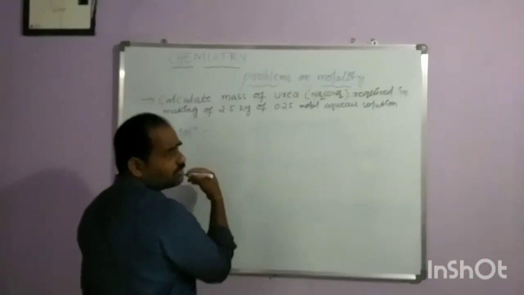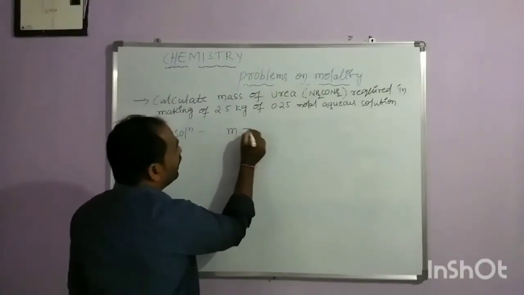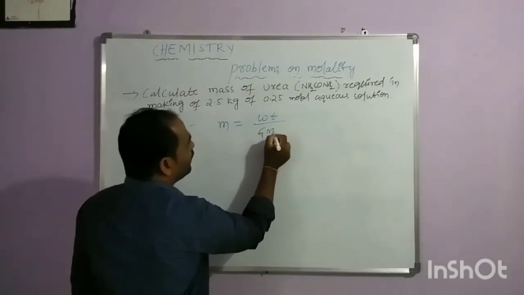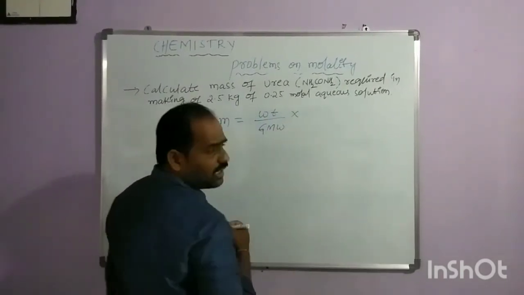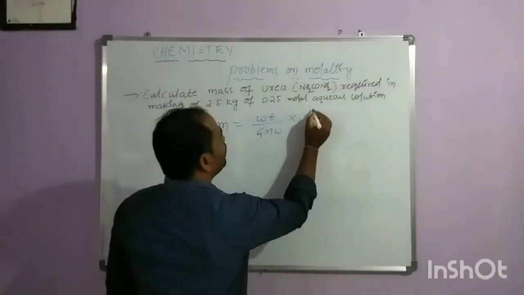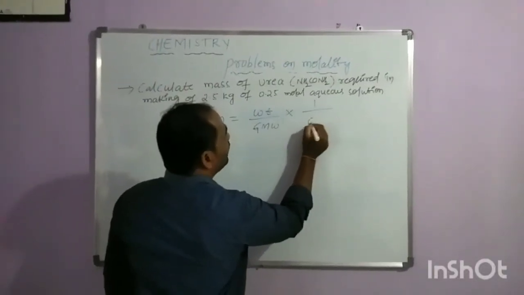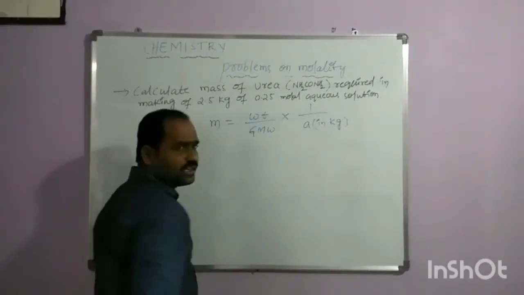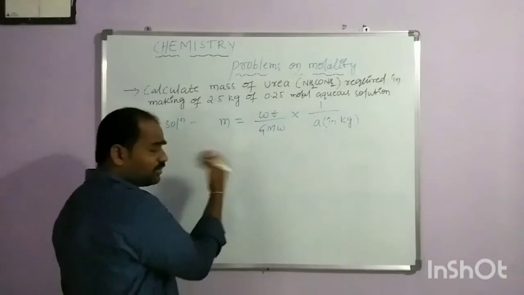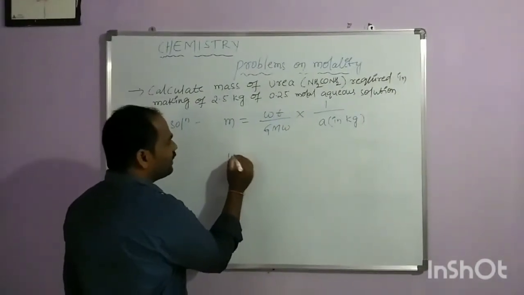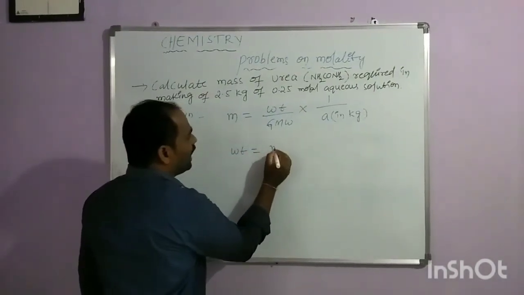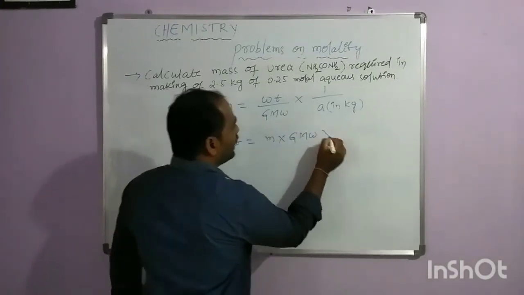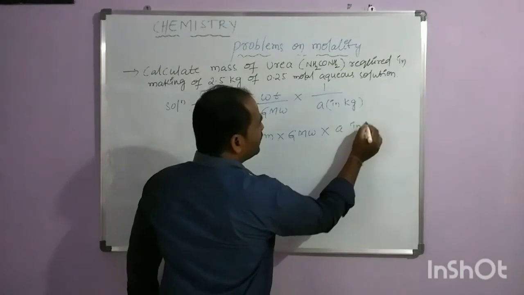For the calculation of this problem, we use the formula molality is equal to weight by gram molecular weight into 1 by A in kg. In the given problem, the weight of the solute urea is asked, so weight is equal to molality into gram molecular weight of urea into A in kg.